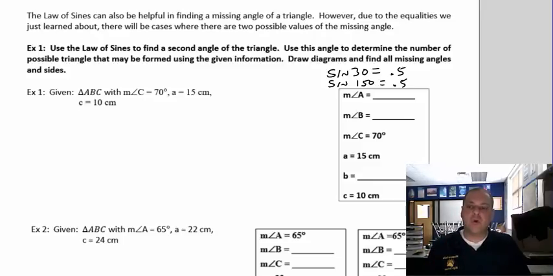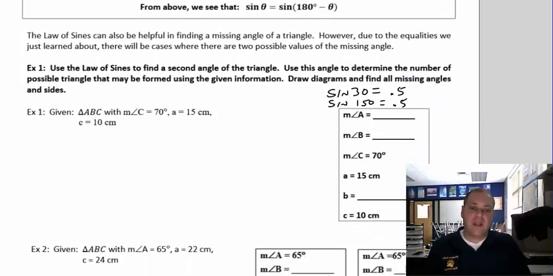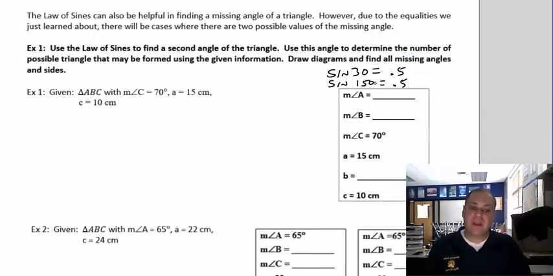But we just showed that that's not the only answer. There's also an obtuse angle that could have the same sine ratio, and it's whatever the supplement is. So if you come up with 30, you have to say, okay, 30 or the obtuse angle that pairs with 30, and that's whatever angle adds up to 180. It's like a linear pair. So let's see how this works.